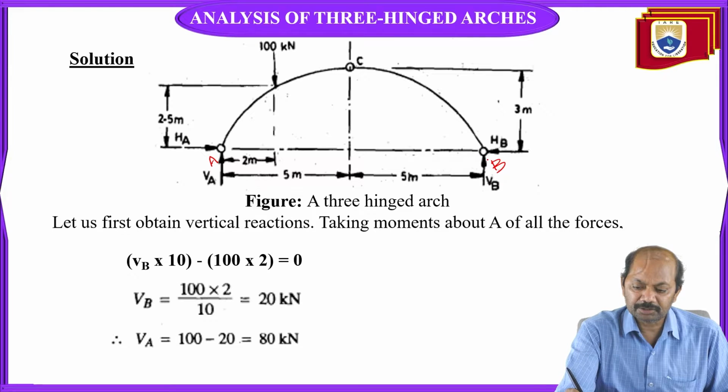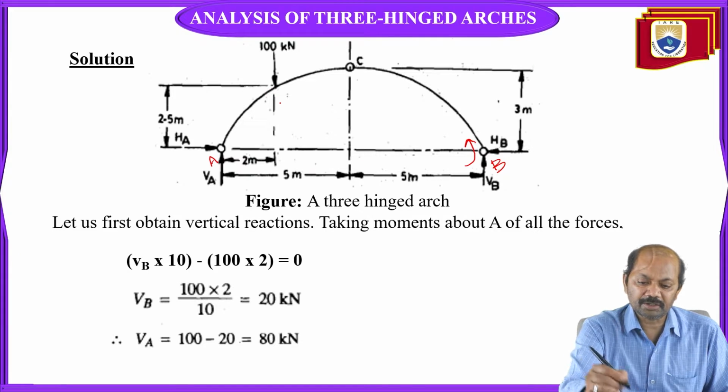100 into 2. Because it is clockwise direction, this moment is taken as negative. Here, this moment is anti-clockwise, and here, this is clockwise direction.